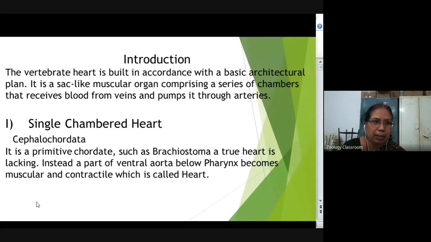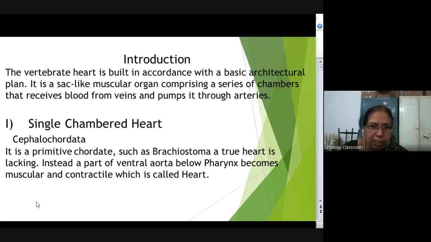Then introduction. In the last lecture we compared from fish to mammal: in fish, what is the shape of the heart, how is the structure, how many chambers. So the heart is divided into single chamber, 2 chambered, 3 chambered, and 4 chambered.